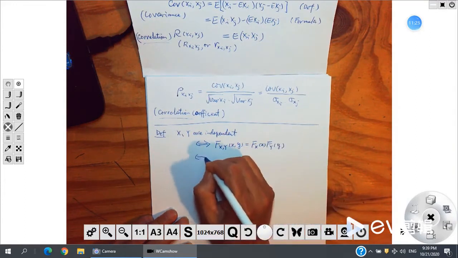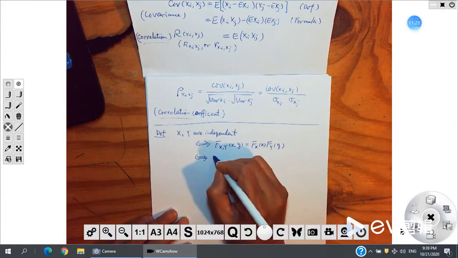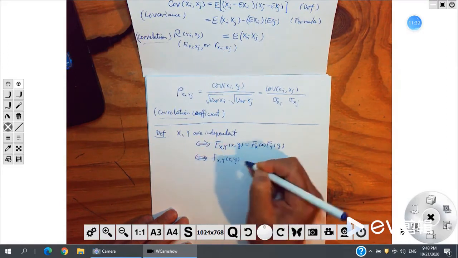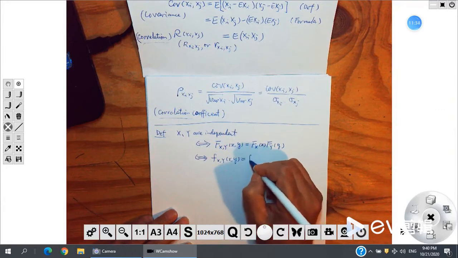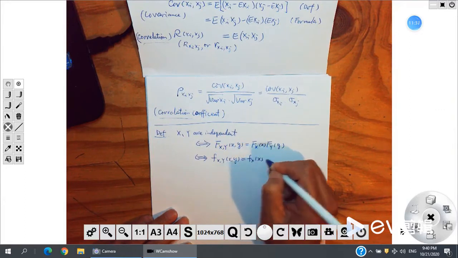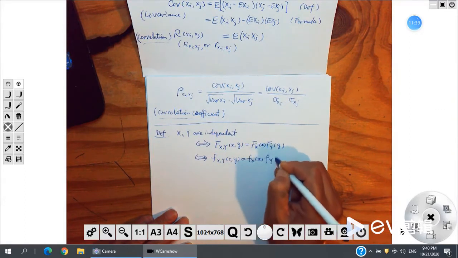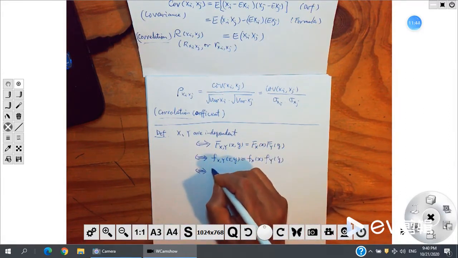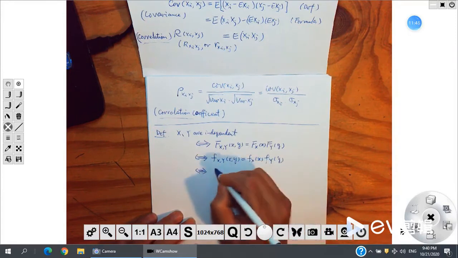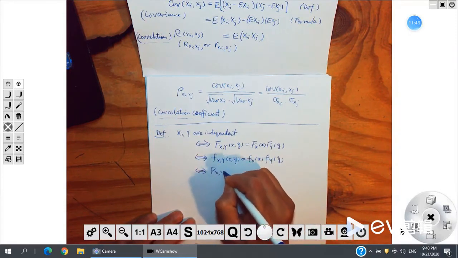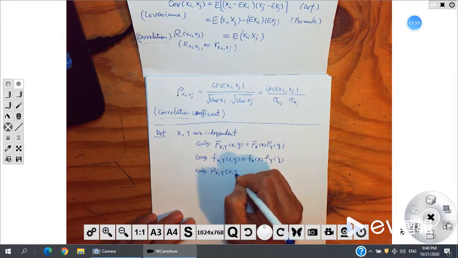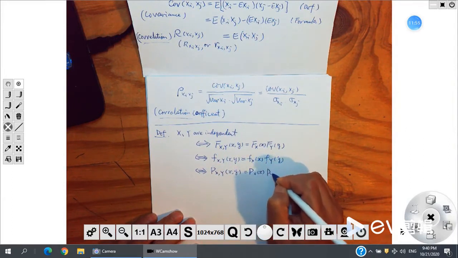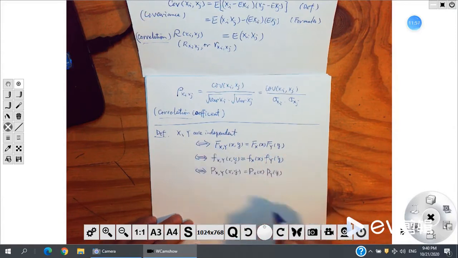It is also equivalent to the PDF condition, if we have a PDF, this is for the continuous type, fx times fy. Or we can have a formula for the discrete type: the joint Pxy of x and y is equal to Px of x times Py of y. So we call this independent.